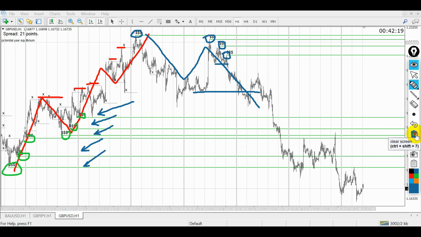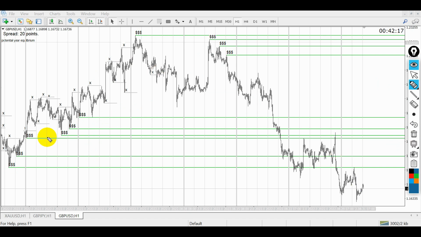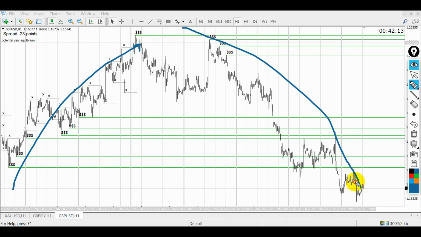And this is how the market maker sell model is formed. We have the buy side of the curve, and then we have the sell side of the curve. Okay, and here we can see the market telling us that, hey, I want to go lower.